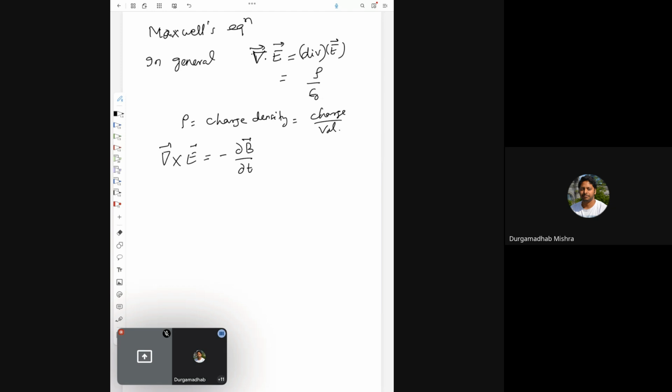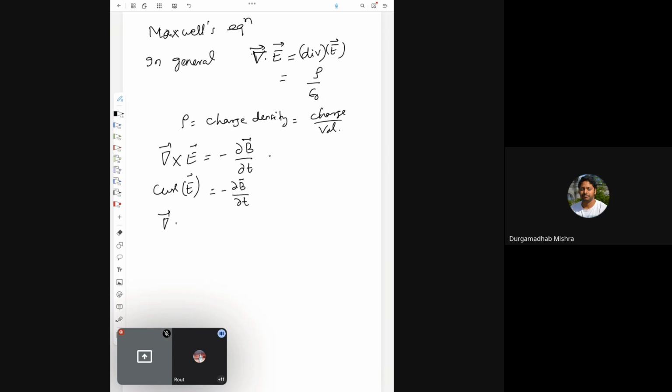This symbol that we are writing we call the curl of E, which is equal to minus del B by del t. This del symbol that we are writing with a vector sign is also very important. You have to keep in mind that these are all vector equations, not scalar equations.